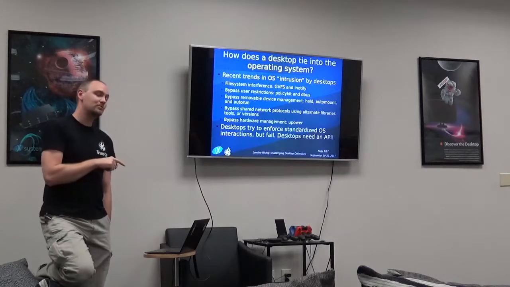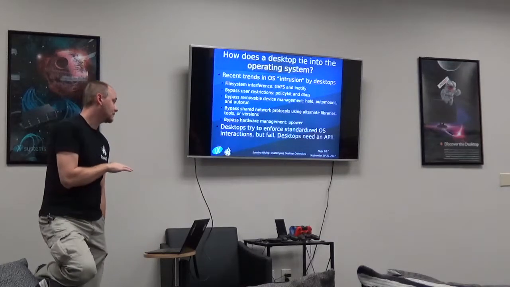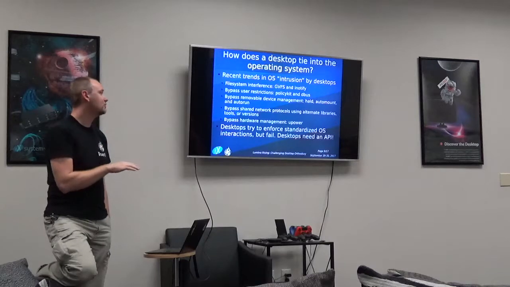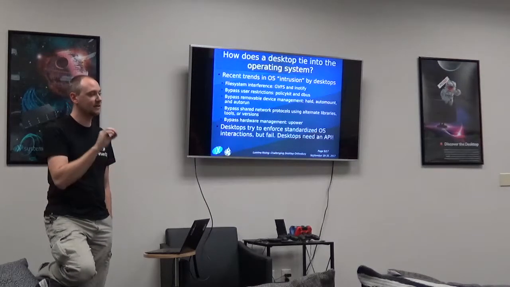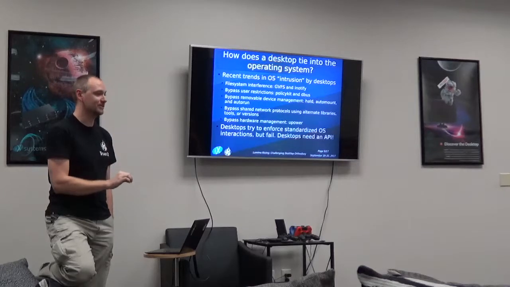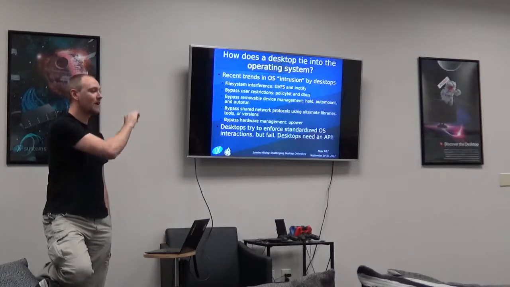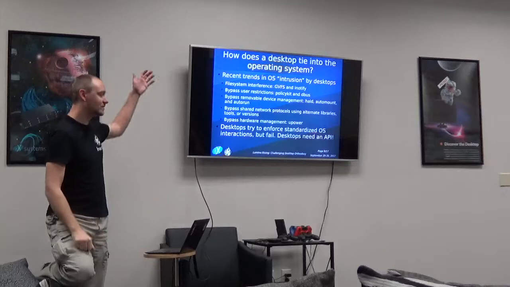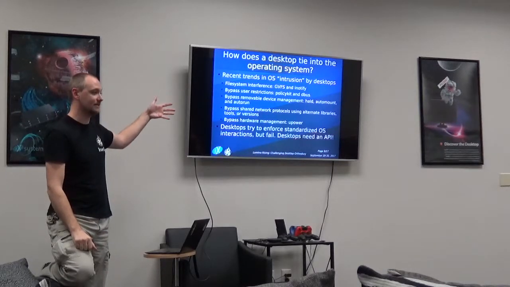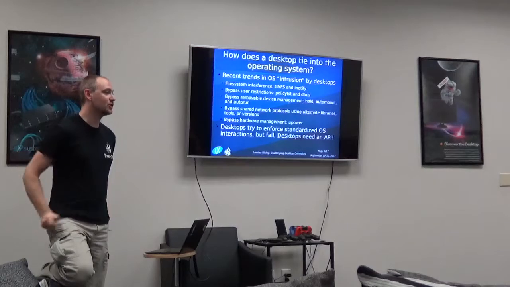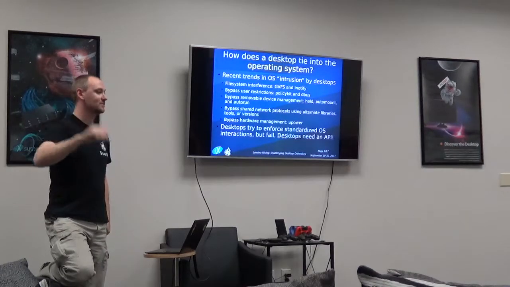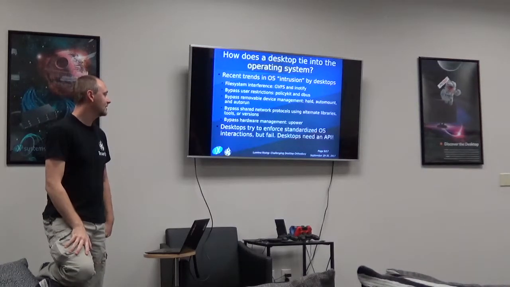I think this can all be boiled down to this simple statement I have at the bottom, is that what desktops are doing with all of this is they're trying to enforce some kind of standardized operating system interactions. All the desktops try to do or have access to these functionality in various ways. GNOME and KDE do it by just forcing it themselves and saying, no, you have to install our stuff and our stuff has to run, and then it'll work.